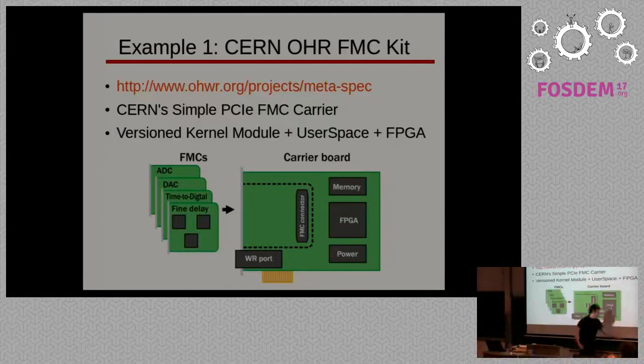Sorry, I have not explained this because I think I'm running a little bit out of time. This board is a board in which you can plug different hardware modules, and each of them has different functionality. These are controlled by an FPGA, and depending on the module you are plugging in, you will need a different bit stream on the FPGA too.